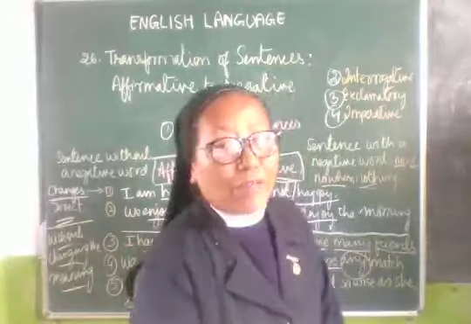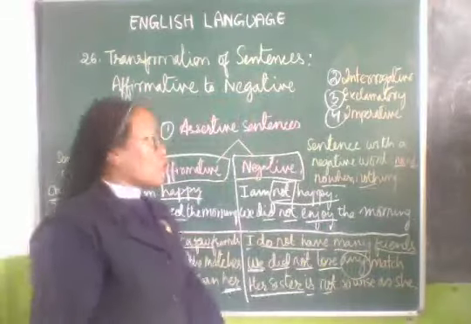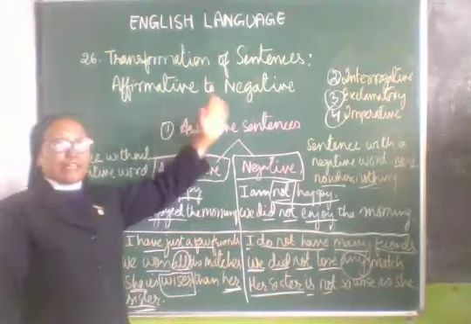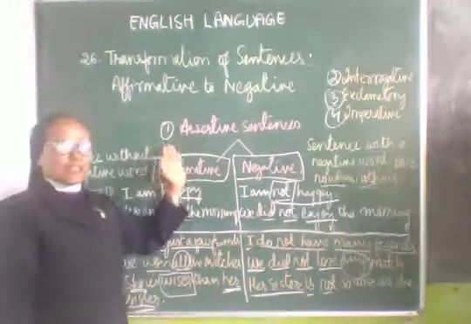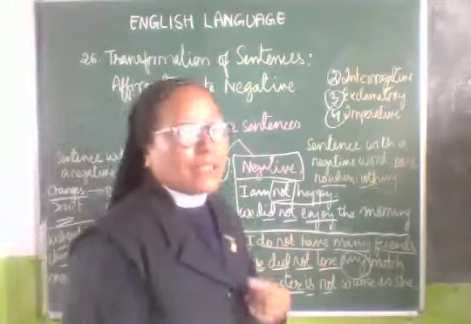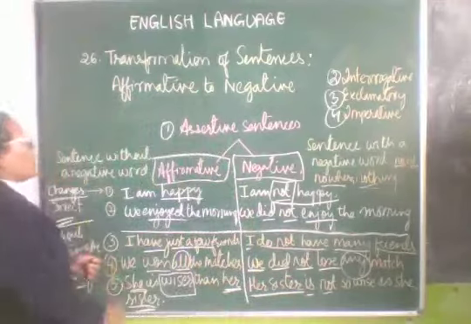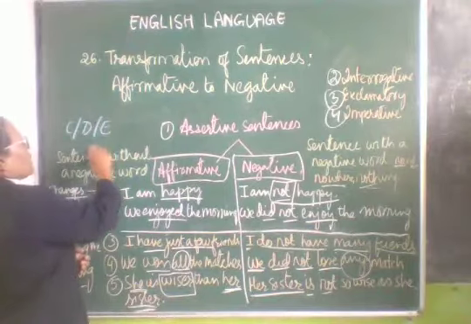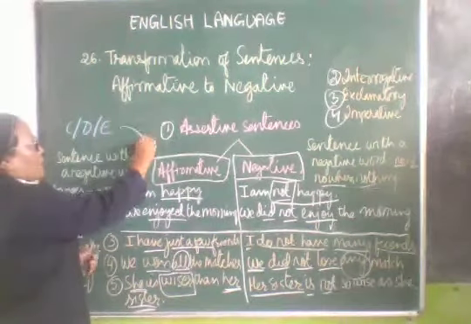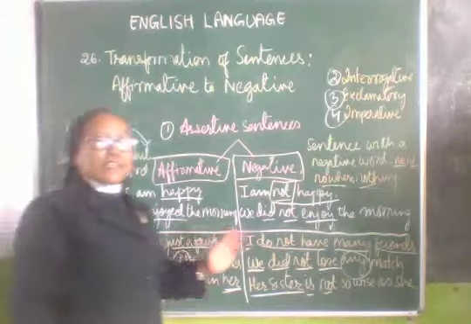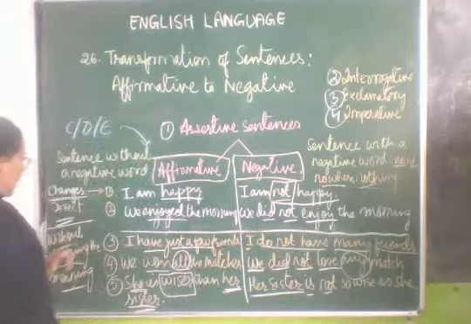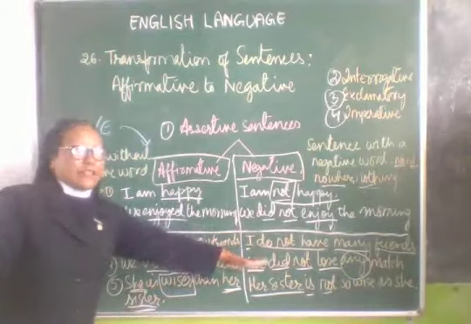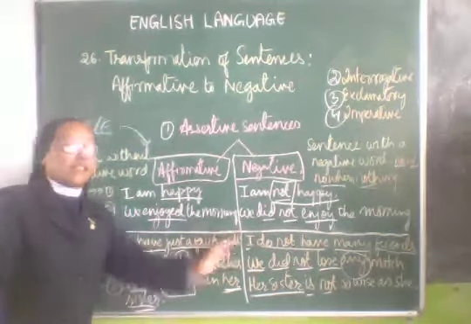Children, I can see that you have understood how to transform the sentence from affirmative to negative. Exercise C, D, and E is type 1, direct, whereas exercise A and B is type 2, without changing the meaning.